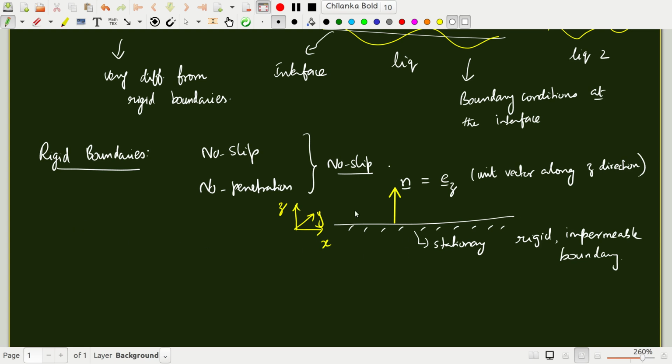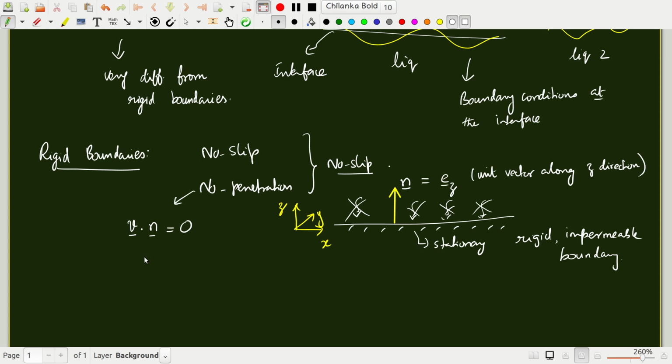First of all, because this is a rigid impermeable boundary, fluid cannot flow into the boundary. At the fluid-solid interface, there is no fluid flow into the boundary because it's completely rigid and impermeable. So the first boundary condition, the no penetration or no normal velocity condition, states that v dot n is equal to 0 if the boundary is stationary.